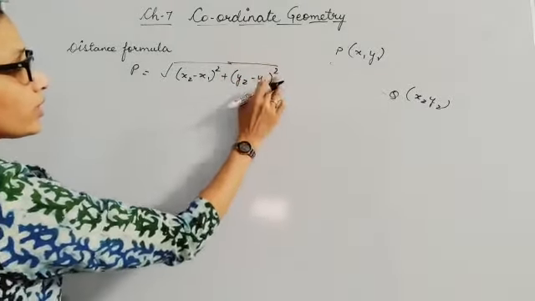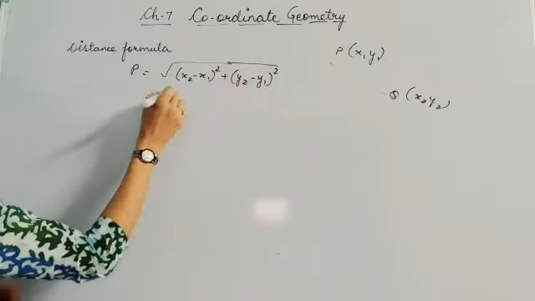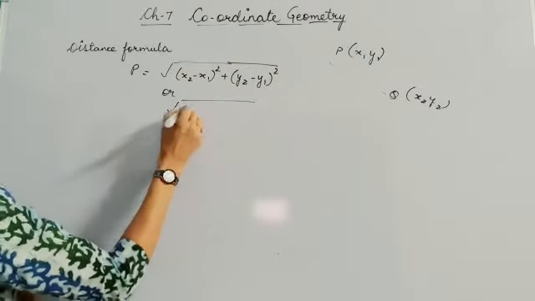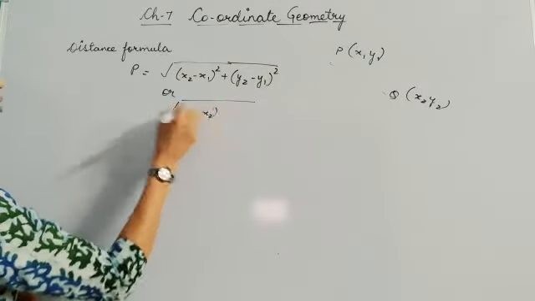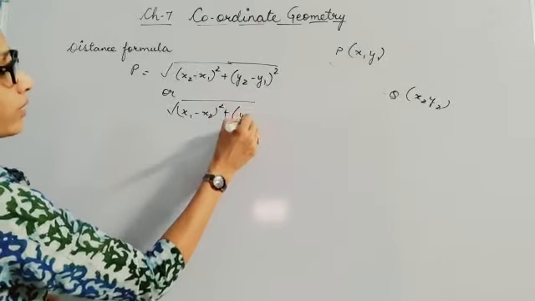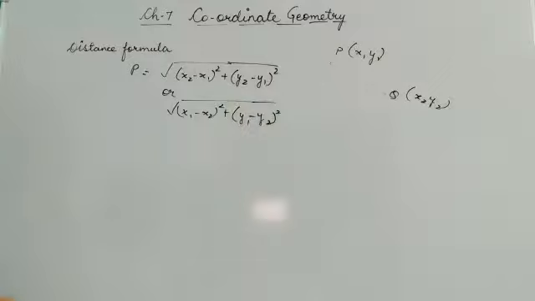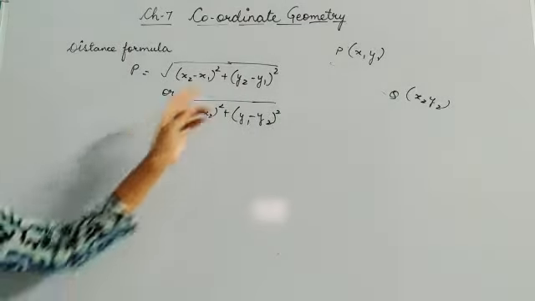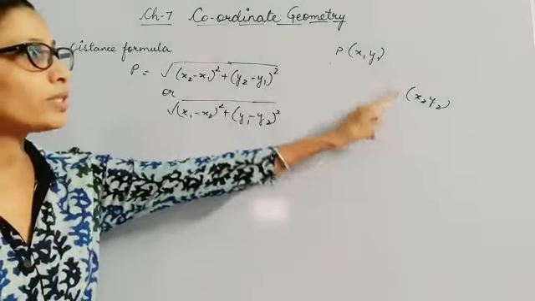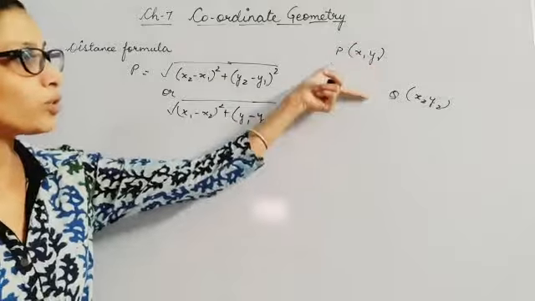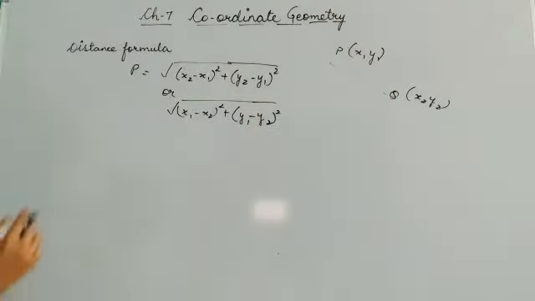Now since these are whole squares, you can write in this way also, x1 minus x2 whole square plus y1 minus y2 whole square. So this is the distance formula and it is to be used when you are given with coordinates of the 2 points and when you want to find out the distance in between them.